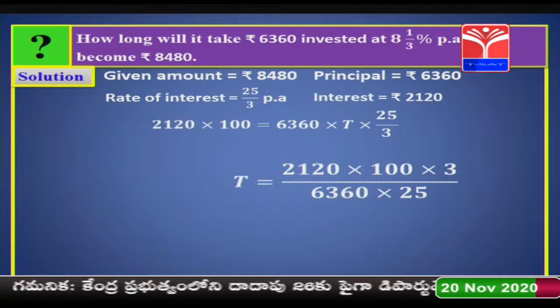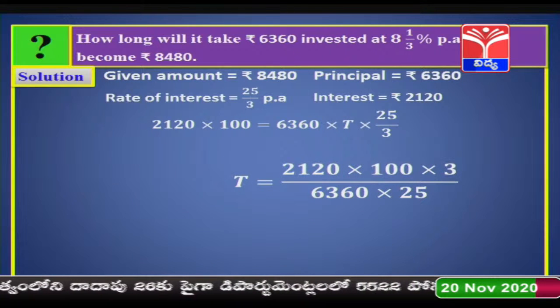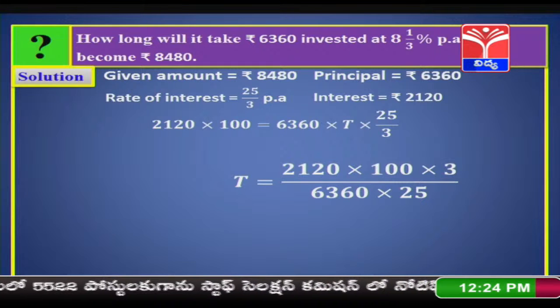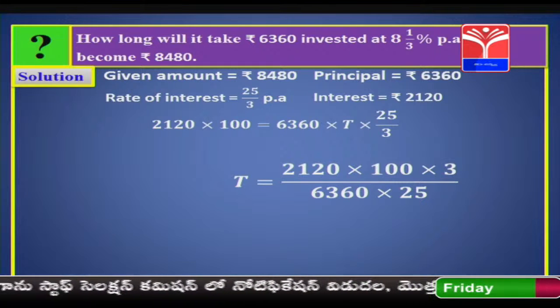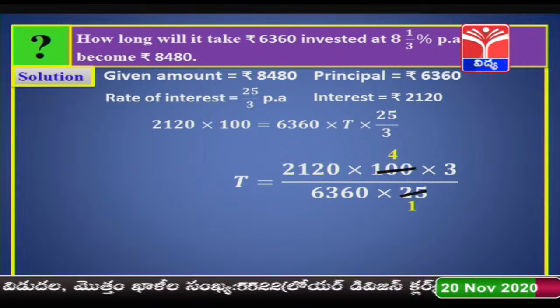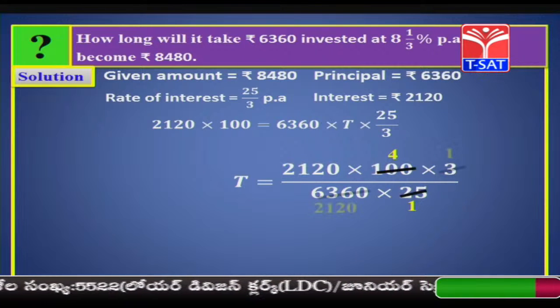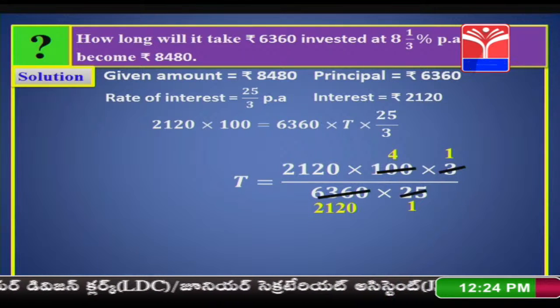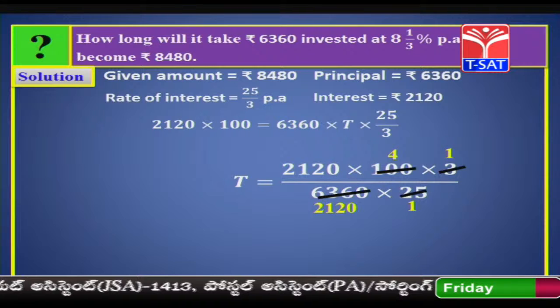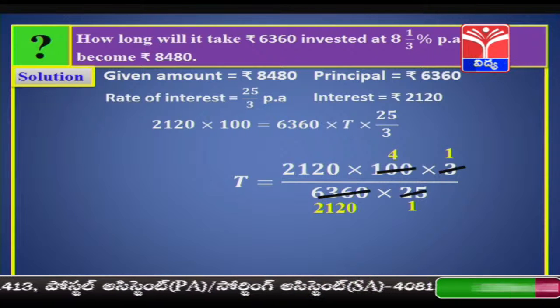Now, what is the value of T from this? Yes, 2120 into 100 into 3 divided by 6360 into 25. Let us simplify them. So, 25 goes 1 time in 25 and 4 times in 100. 3 goes 1 time and 2120 goes in 6360. So, what is left?